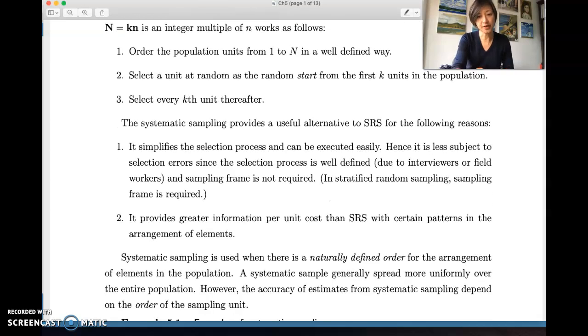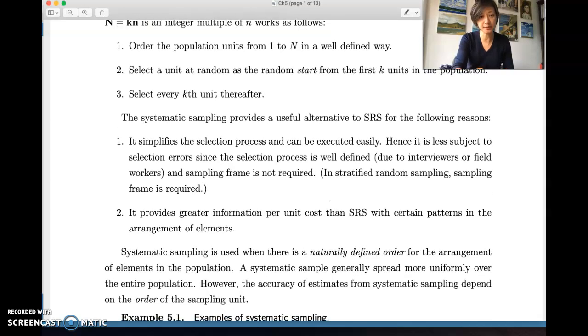The advantage of using systematic sampling is that it simplifies the selection process and it can be executed easily, which is very good news for researchers. It's also less subject to selection errors because the selection process is well defined for the interviewers or the field workers, and the sampling frame is not required.